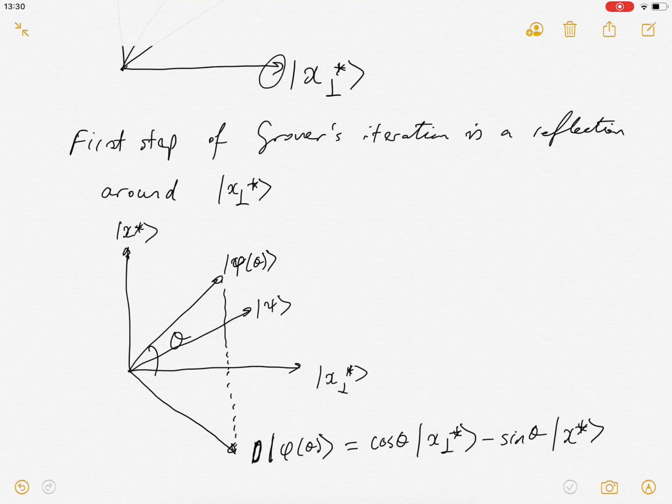This is the new state after the first step of the Grover's iteration.